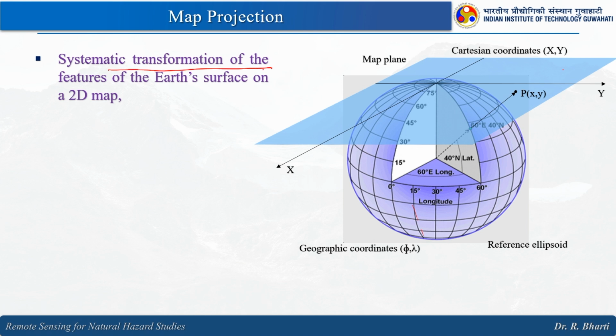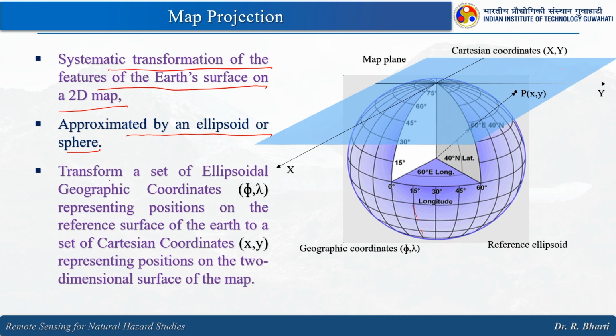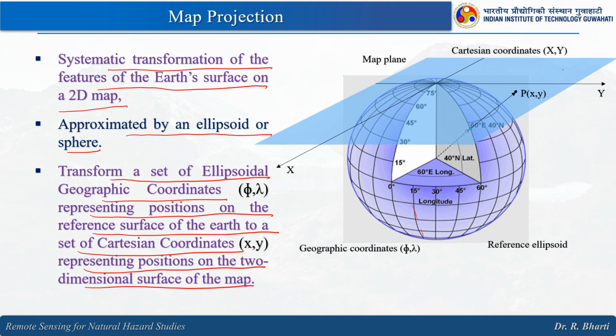Systematic transformation of the features of the earth surface on a 2D map, approximated by an ellipsoid or sphere depending upon which one you are using. Transform a set of ellipsoidal geographic coordinates representing position on the reference surfaces of the earth to a set of Cartesian coordinates representing position on the two-dimensional surface of the map.